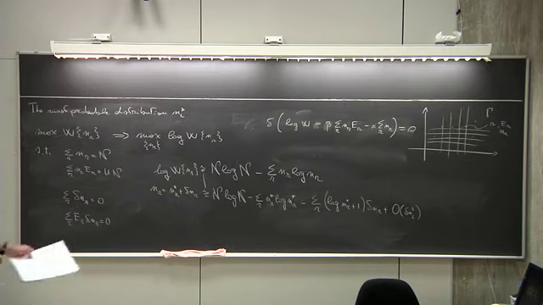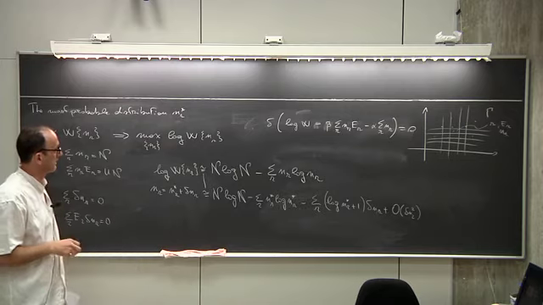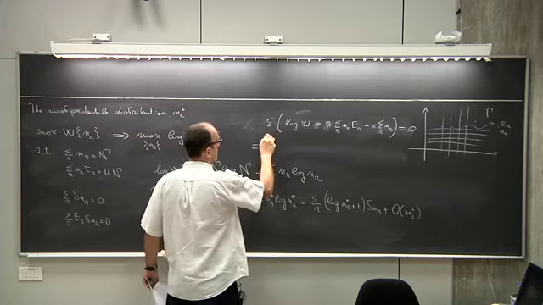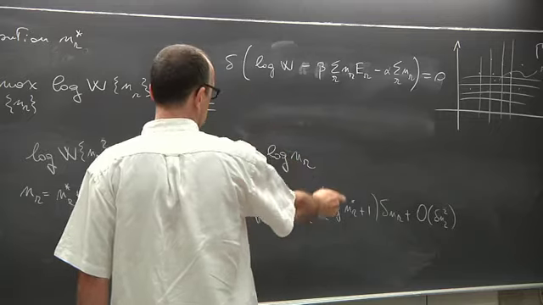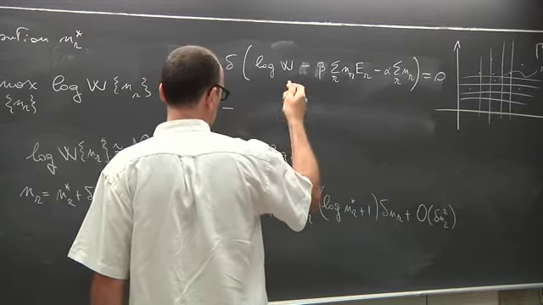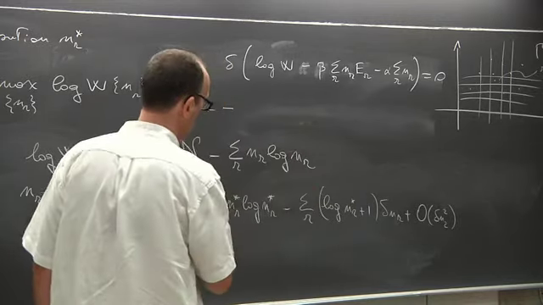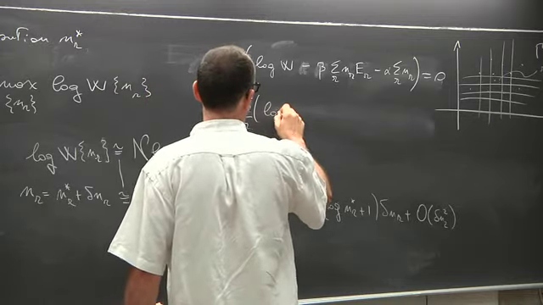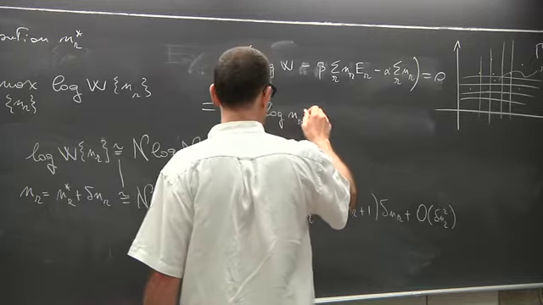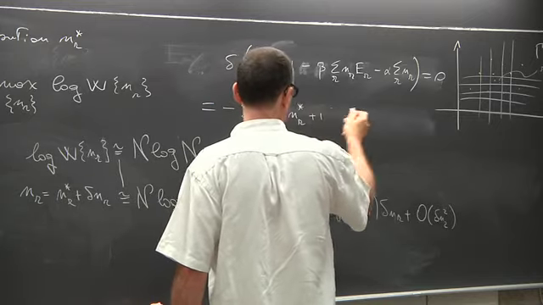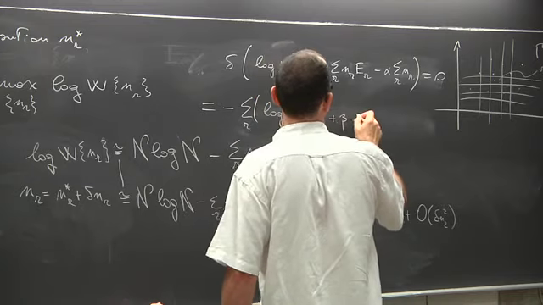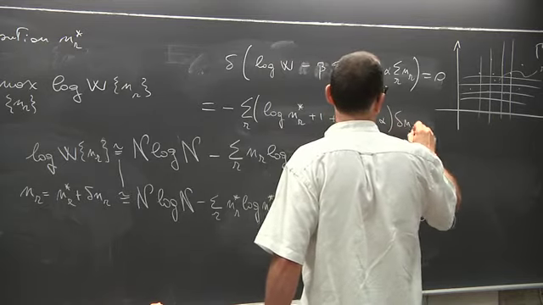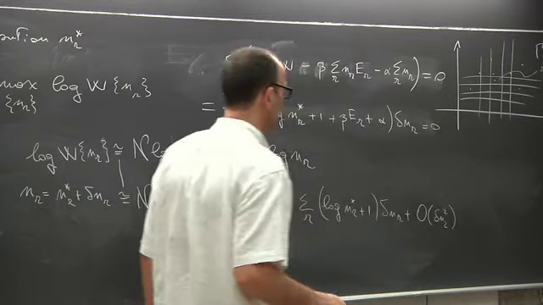If I do this, I have that this variation is proportional to minus the sum over r of log n r star plus 1 plus beta E r plus alpha, times delta n r. This must be equal to 0.